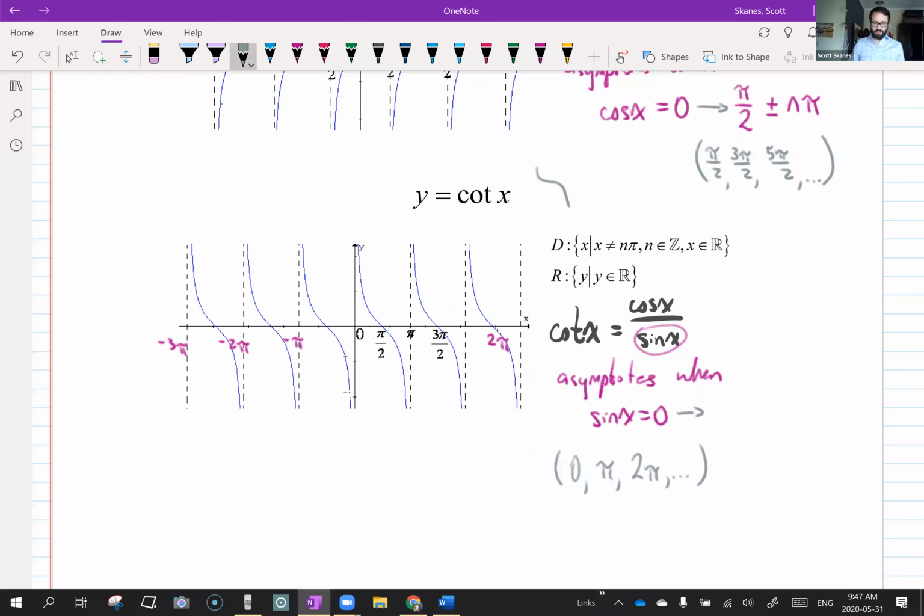What we'll notice is that it's all whole numbers of pi. Or in math terms, plus or minus any n times pi. N is just a natural number, 1, 2, 3, 4, 5, any integer constant. So any multiple of pi, 1, 2, 3, 4, 5, 6, 7, and so on.